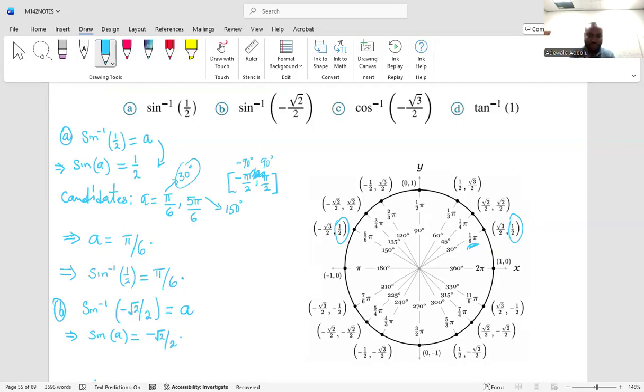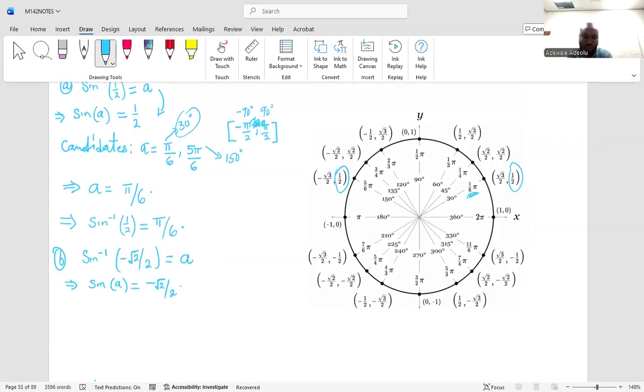Now, if we go back to our unit circle, I can find candidates for A. Sine of that angle is negative root 2 over 2.